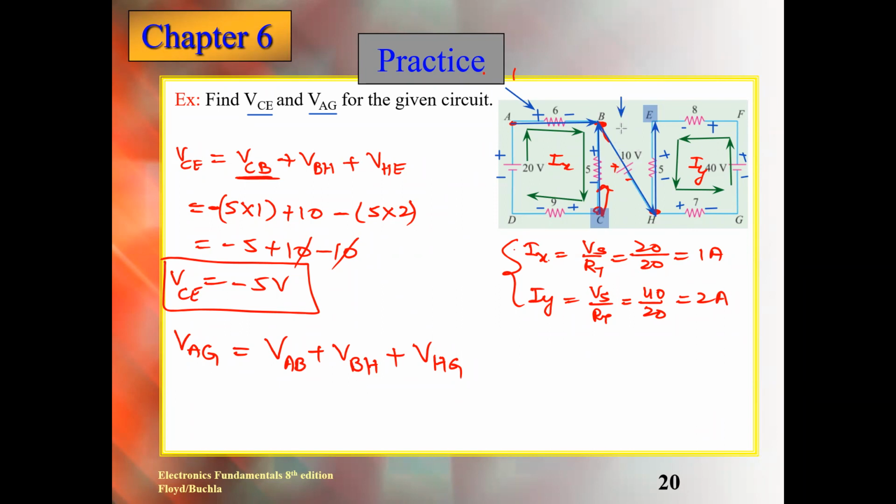Plus. So you can see this is the plus sign, positive. And H to E. Positive. Okay. Is this positive when you go from H to E? No, it's not positive. So consider accordingly, then you will get the answer.